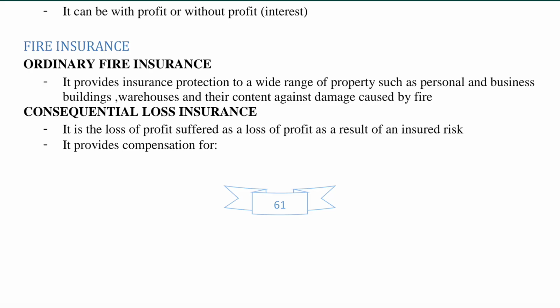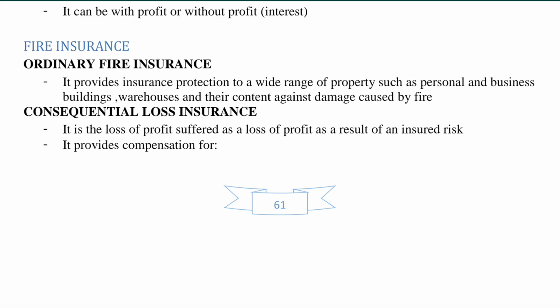We have consequential loss insurance. It is the loss of profit suffered as a result of an insured risk. We also have this point, which is very important.